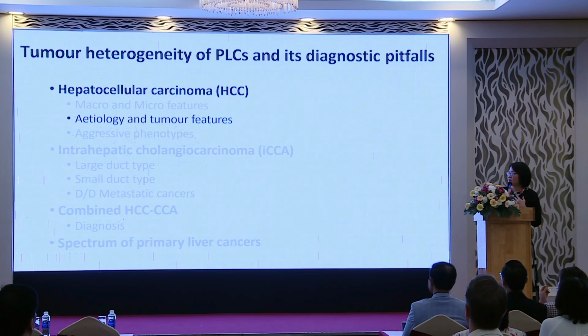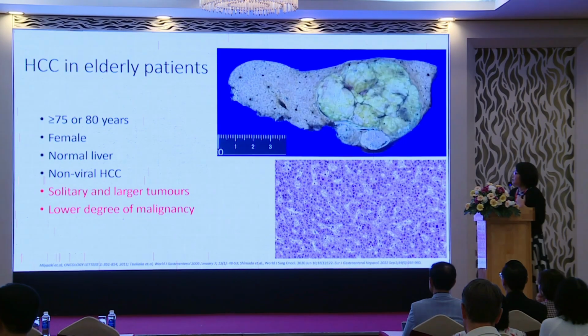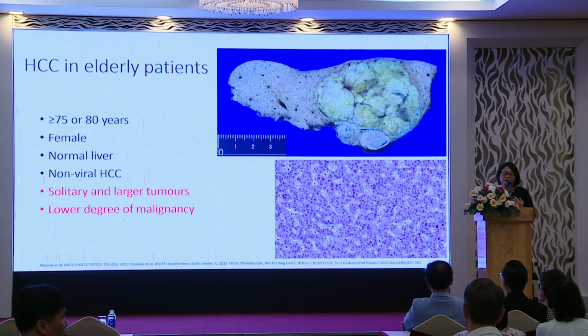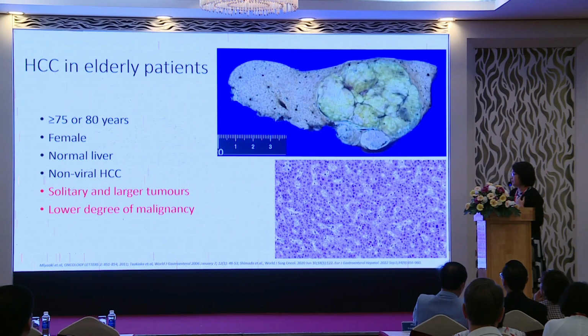So the etiology and tumor feature are important. Nowadays, in America, Europe, and also in Japan, actually more than 60% of HCC arises from non-viral liver condition. And the main cause of non-viral HCC is either elderly patient or steatohepatitis that I'm going to explain later.